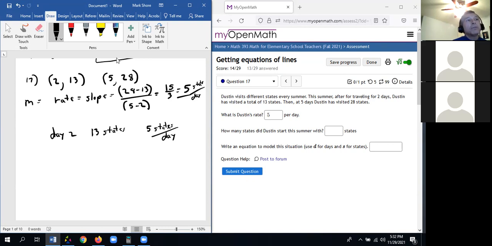So all we've got to do to get this is back it off a couple days. If we back it off one day, go down to day 1, back 5 off of this, he was at 8 states. And at day 0, which is the starting time, he was at 5 off of this, 3 states.